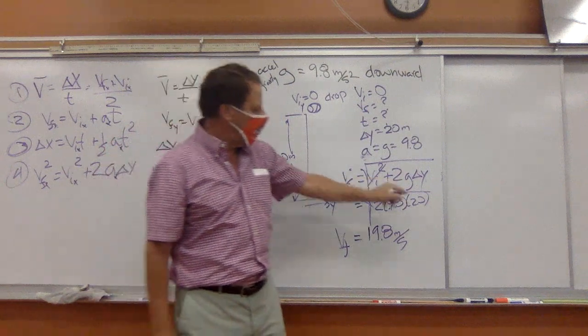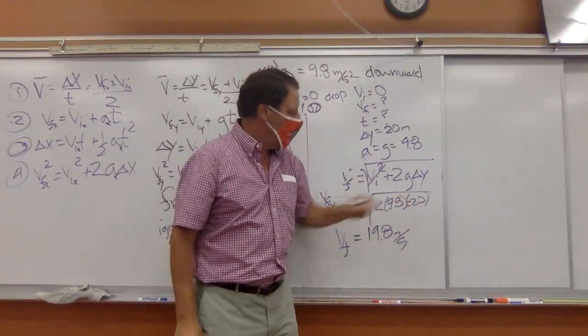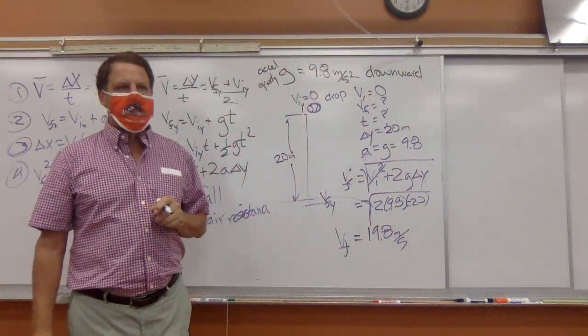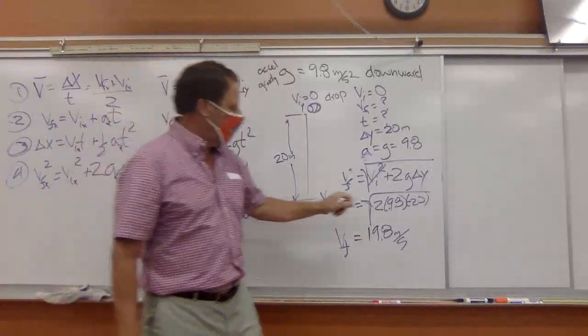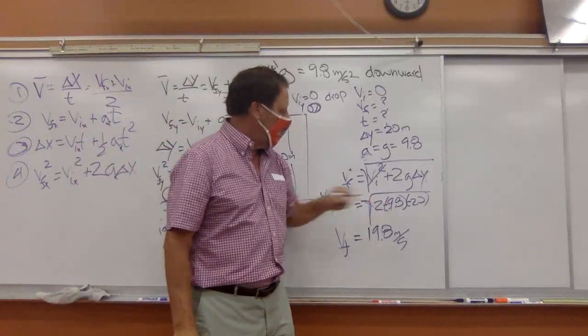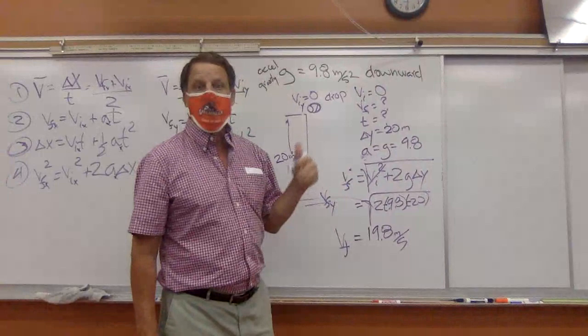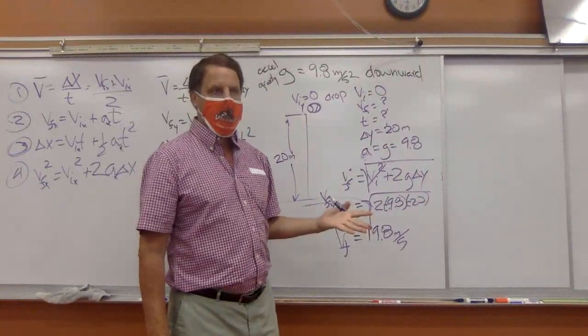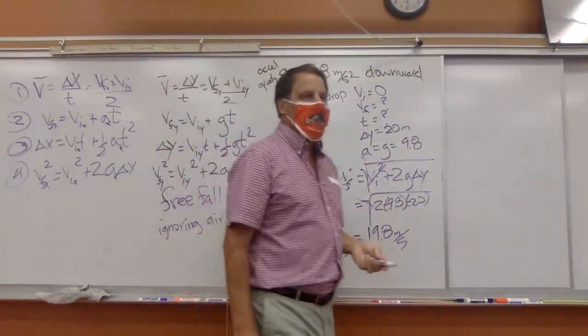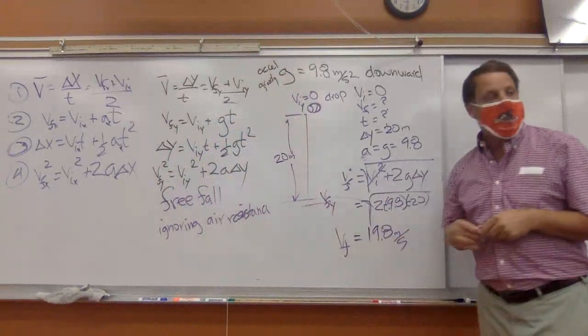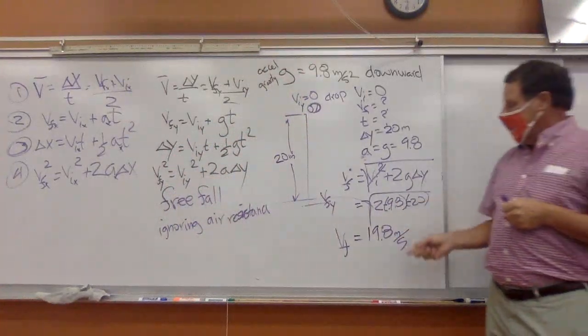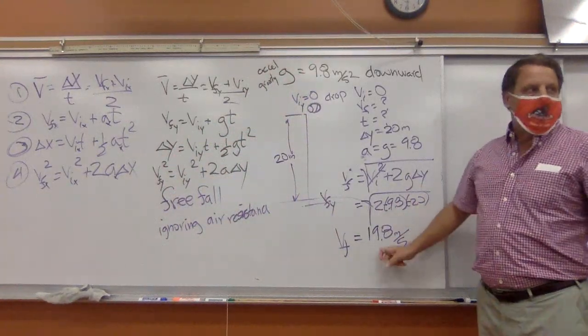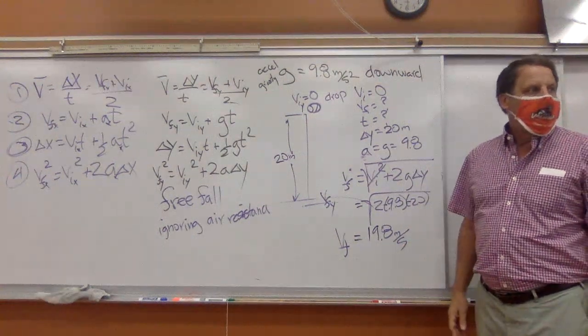So our displacement would be negative 20. If we said up was positive, we would say our acceleration was negative 9.8. So now we're going to get 2 negatives that are multiplied, which is going to turn to positive, okay? And we're going to get the same answer right here.